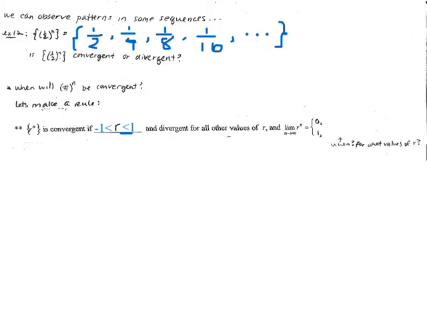But if r is between those two values, if I've got fractions, then they will be approaching 0. And if r is equal to 1, then every term will be 1, and the pattern is that they're all 1. Okay, so let's put that together. Our sequence will approach 0 if our r is some sort of fraction between -1 and 1, and our sequence will approach 1 if our r value is 1.